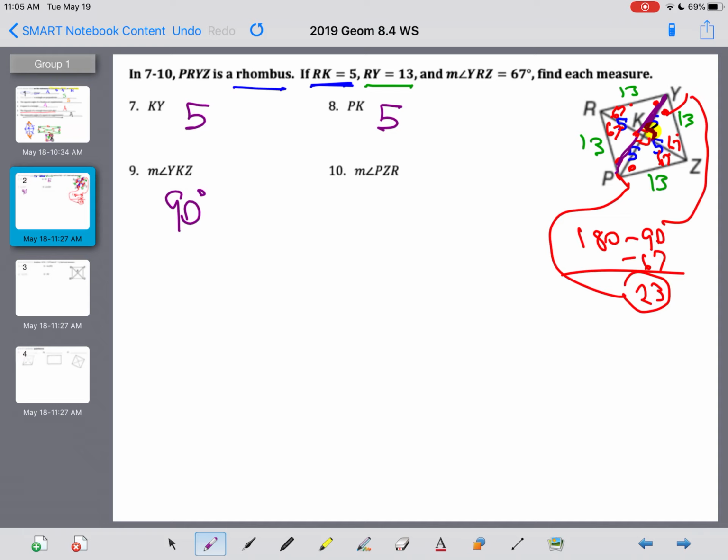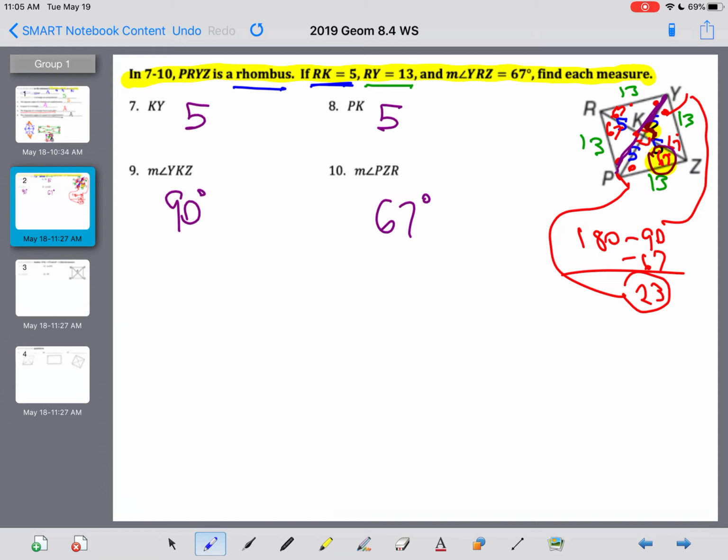And angle PZR right here, so that's 67. So again, I know from the first part of the year, whenever we're given information about a figure, we should put that on the figure, and then anything else we know we can figure out from there, we should put in automatically.